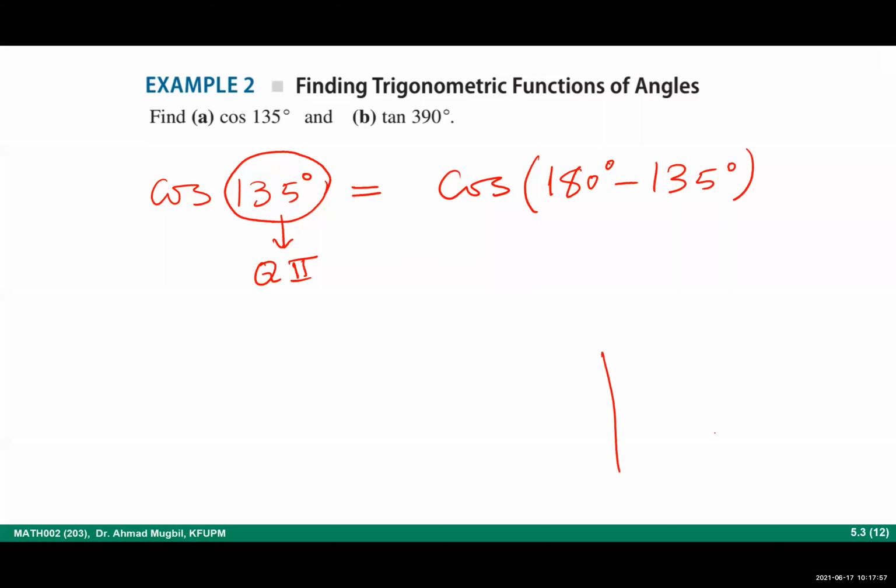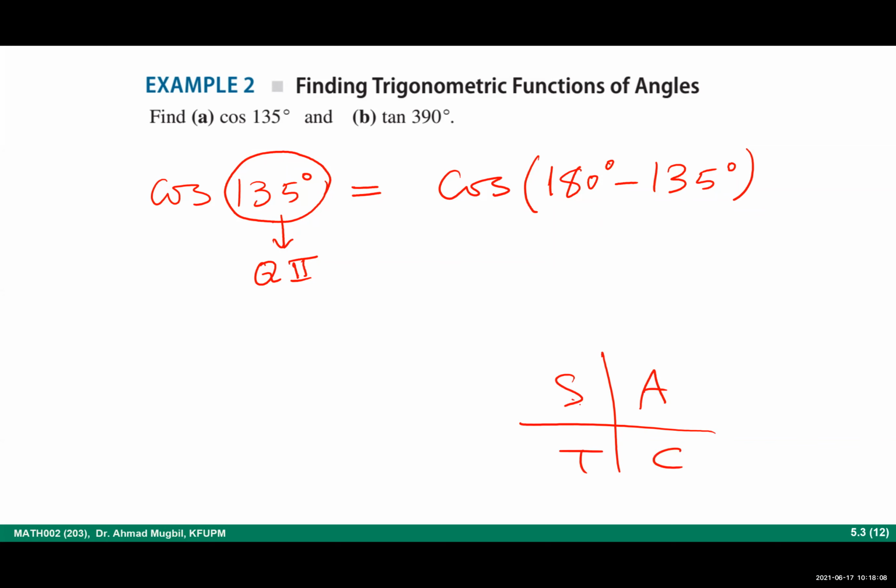Now, do you remember in the second quadrant, is cosine positive or negative? Negative. All STC. Here, what is positive? Sine and its reciprocal. So it is negative. So write here negative. It will be negative cosine of 180 degrees minus 135.